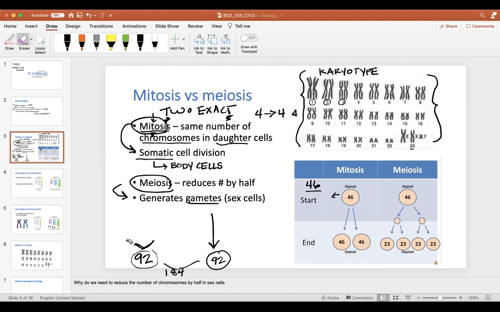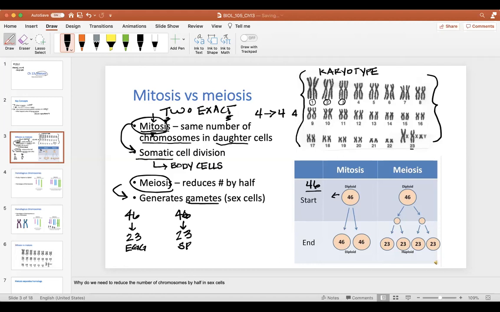Instead, what happens is the process of meiosis takes a 46 chromosome early egg cell and reduces those chromosomes down to 23. So then you have an egg cell that has 23 chromosomes. A similar process happens during sperm development where 46 chromosomes are reduced down to 23, and that creates a sperm cell.